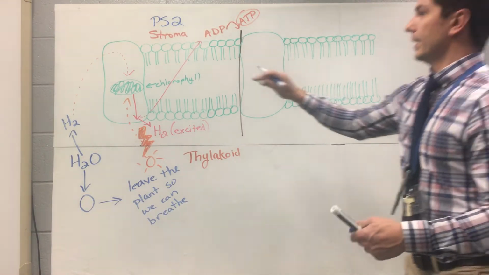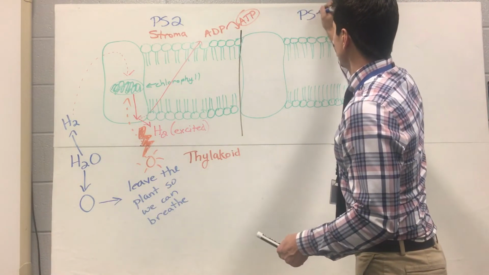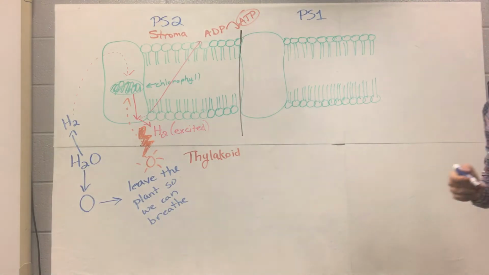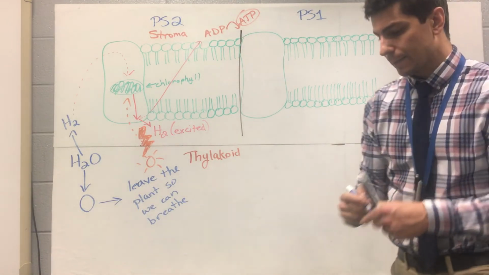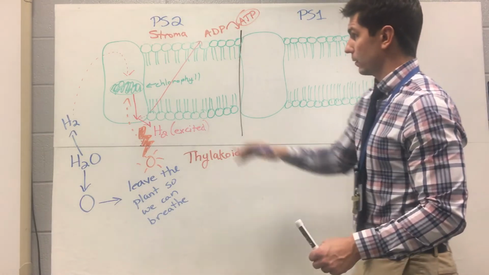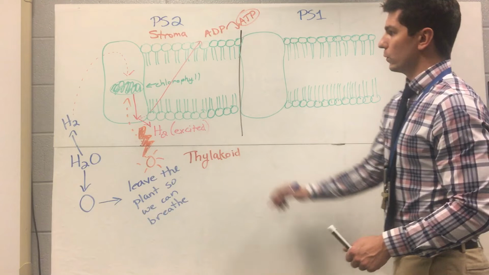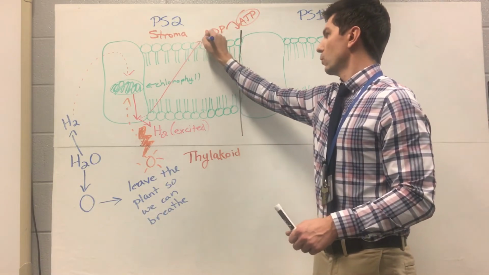So again, photosystem 2 happened first, and then over here would be photosystem 1. As we said, we still have our stroma side up here. So now we have these electrons. Remember, this is low energy up here. We're going to pretend this is high energy down here. We still have these electrons from water.